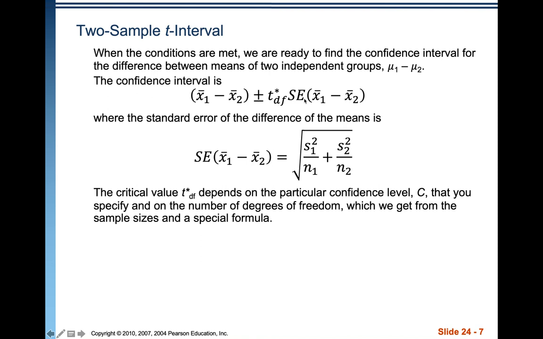And this is multiplied by the standard error of the sampling distribution of the difference in sample means. And we've got a reminder here of what the formula is for that standard error. The critical value, of course, depends on the confidence level, C, and the number of degrees of freedom, which we'll get from the sample sizes in a special formula.